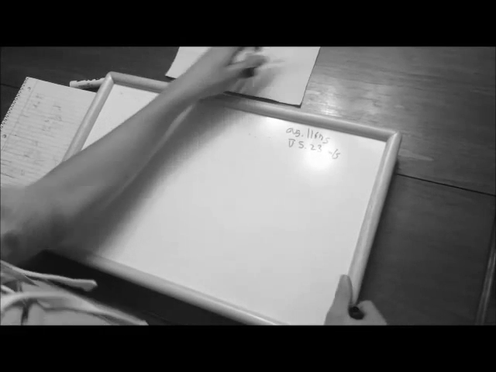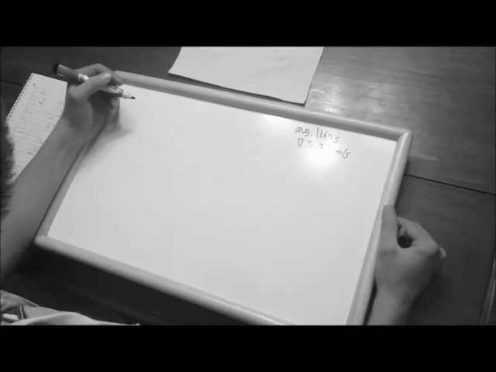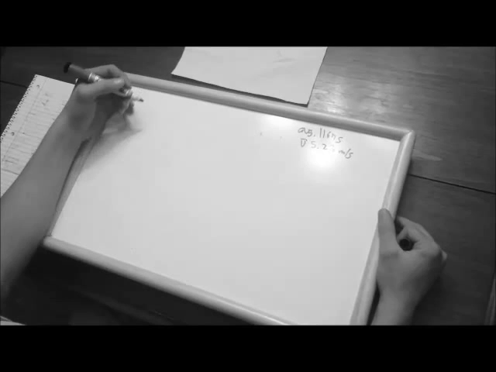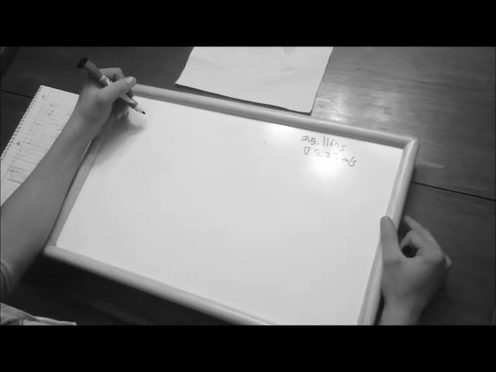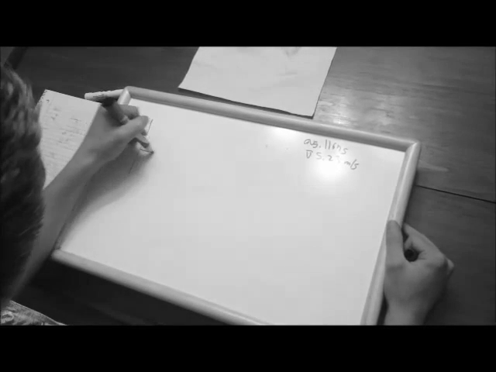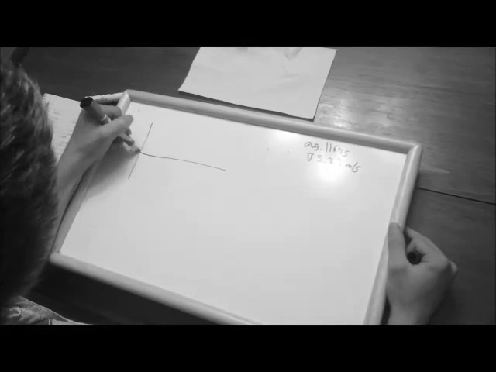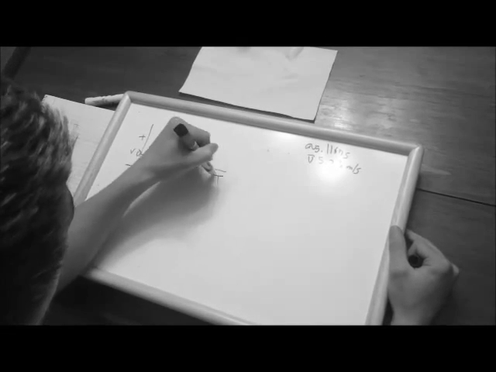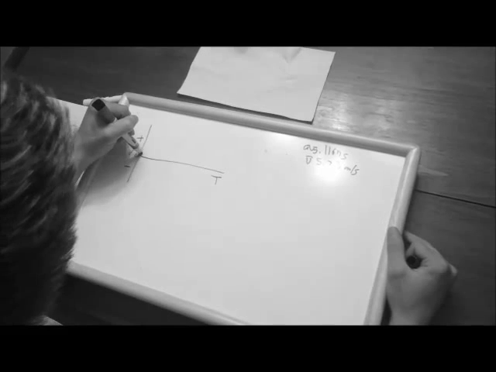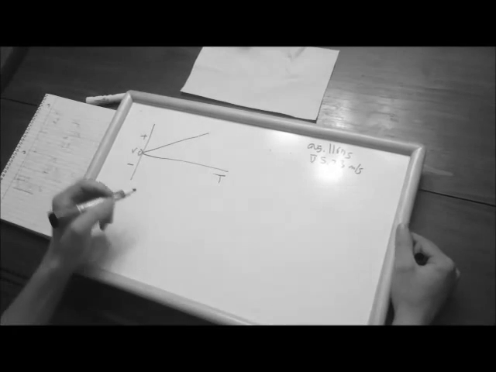So now that we have average velocity, we're going to use that to find our acceleration. So to do that, I'm going to sketch a velocity time graph. This here, our time, and then this is representing our acceleration, of course.